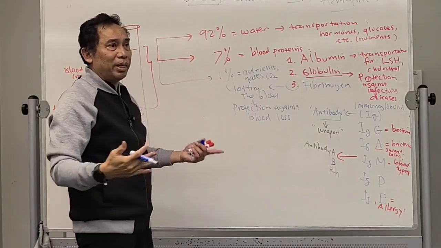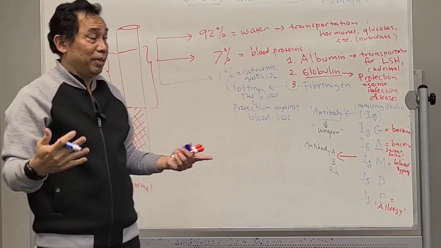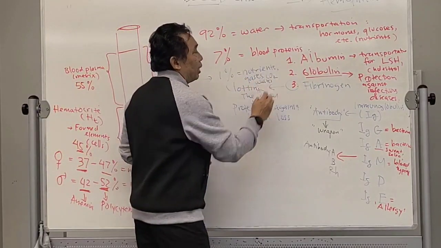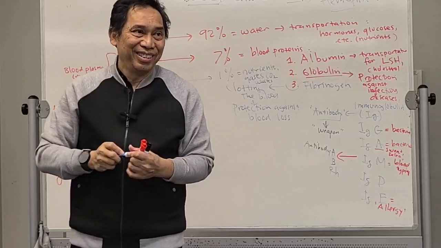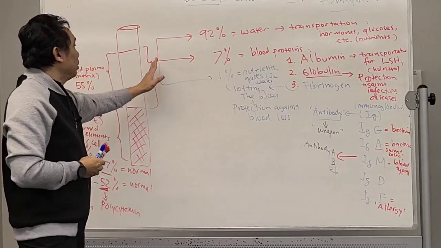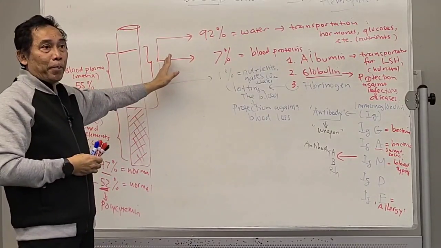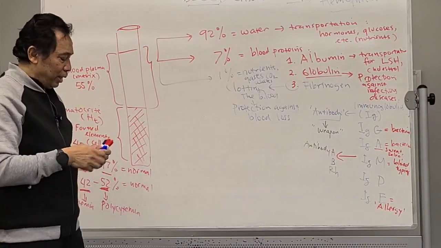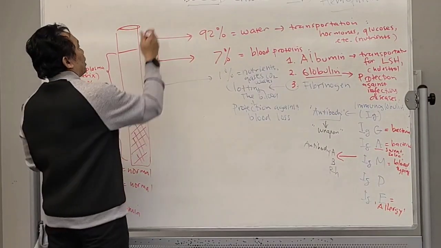Oxygen will be carried by the red blood cell. So nutrients, waste products, ammonia, urea will be part of this blood plasma. Okay, so that's the components of the blood plasma.